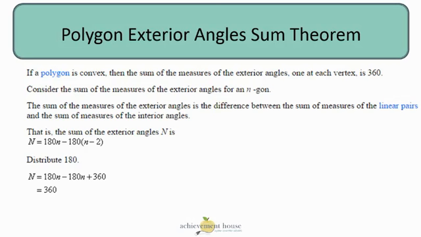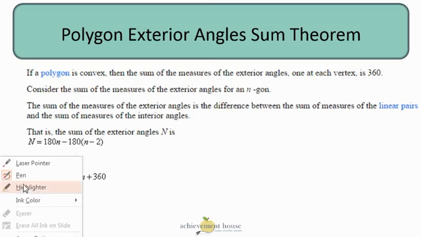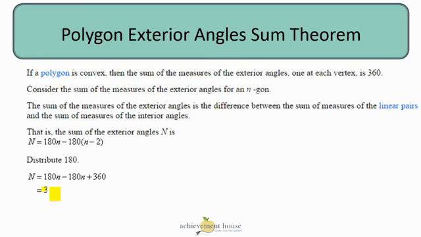If a polygon is convex, then the sum of the measures of the exterior angles, one at each point, is 360 degrees. So 360 degrees is the sum of the exterior angles for any polygon.